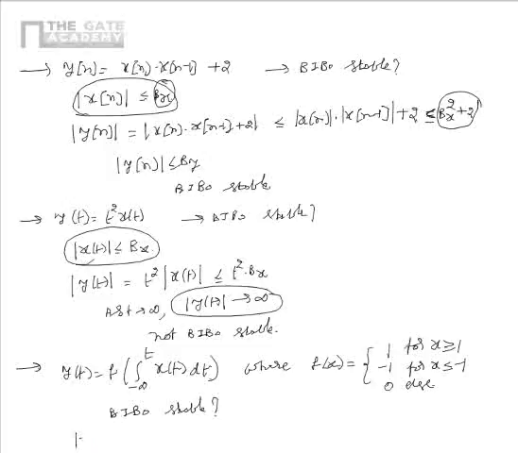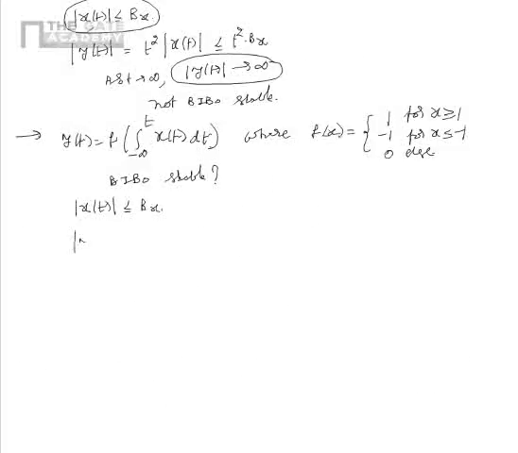For a bounded input, it means that mod of x of t is less than or equal to bx. The output can be given as mod of y of t, which is equal to mod of f of integral from minus infinity to t of x of t dt.